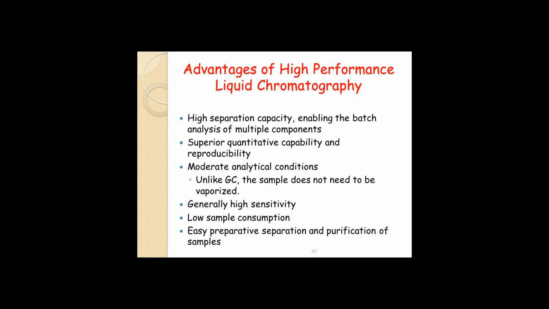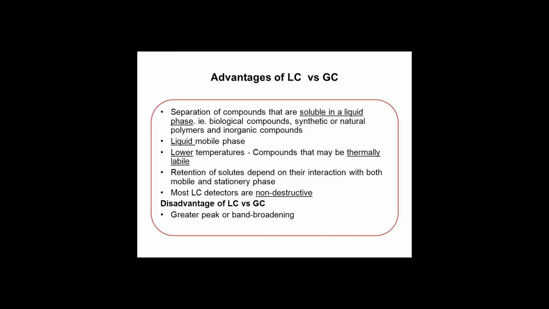Analytical scale columns, 4.6 mm, have been the most common type of columns, though smaller columns are rapidly gaining in popularity. They are used in traditional quantitative analysis of samples and often use a UV-vis absorbance detector.